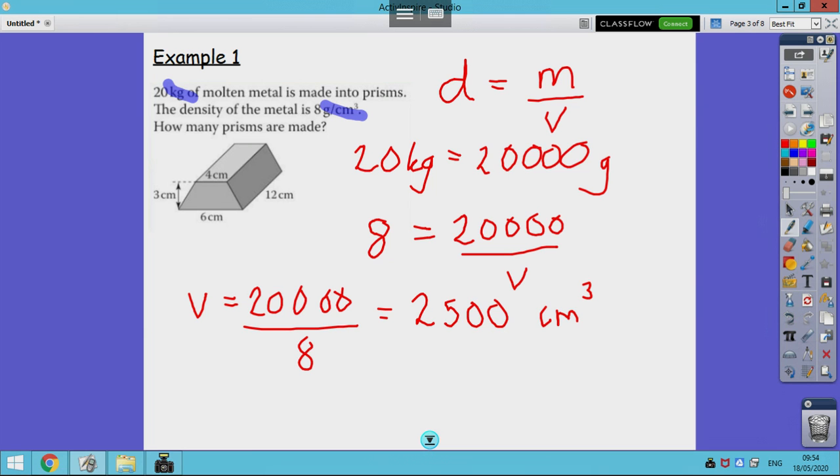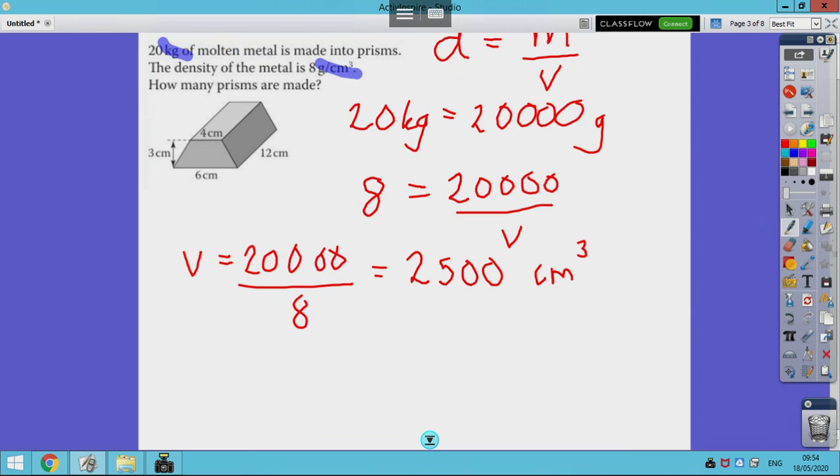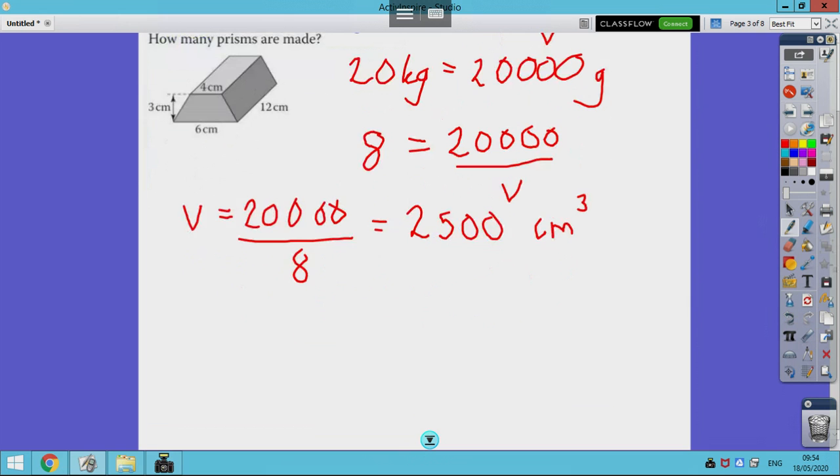Now it says it makes it into these trapezoidal prisms, so that means we need to find out the volume of one of these trapezoidal prisms. Okay, so if we go down a little bit. Now hopefully you remember the formula for the area of the trapezium, then multiply by the length for the volume.